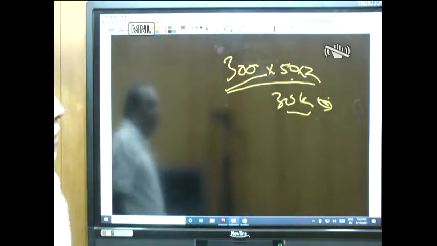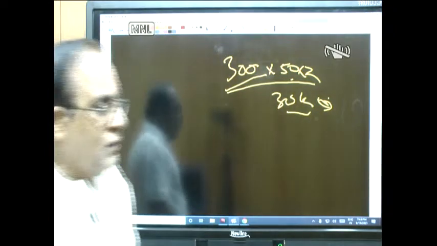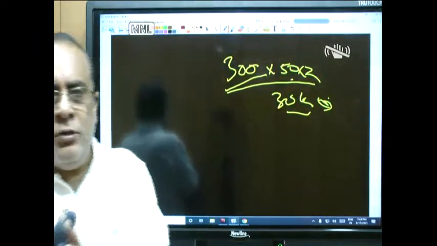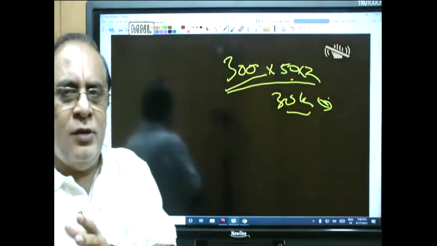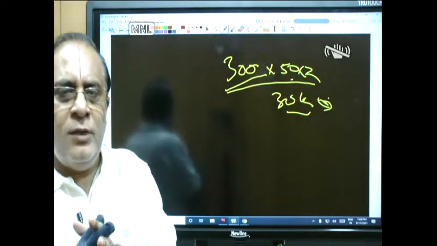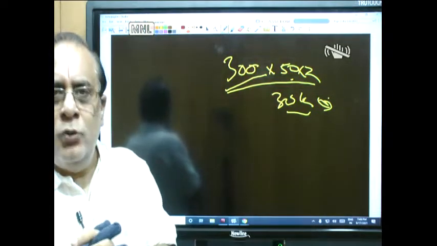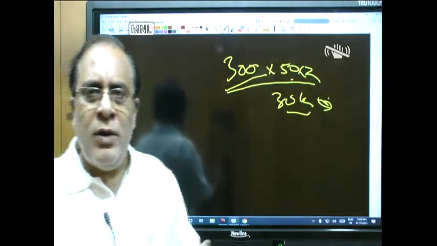Now say today itself, if we look at the figures, 17,600 call plus 17,600 put together yesterday was something like 210 rupees. Today it has become 190 or 200.